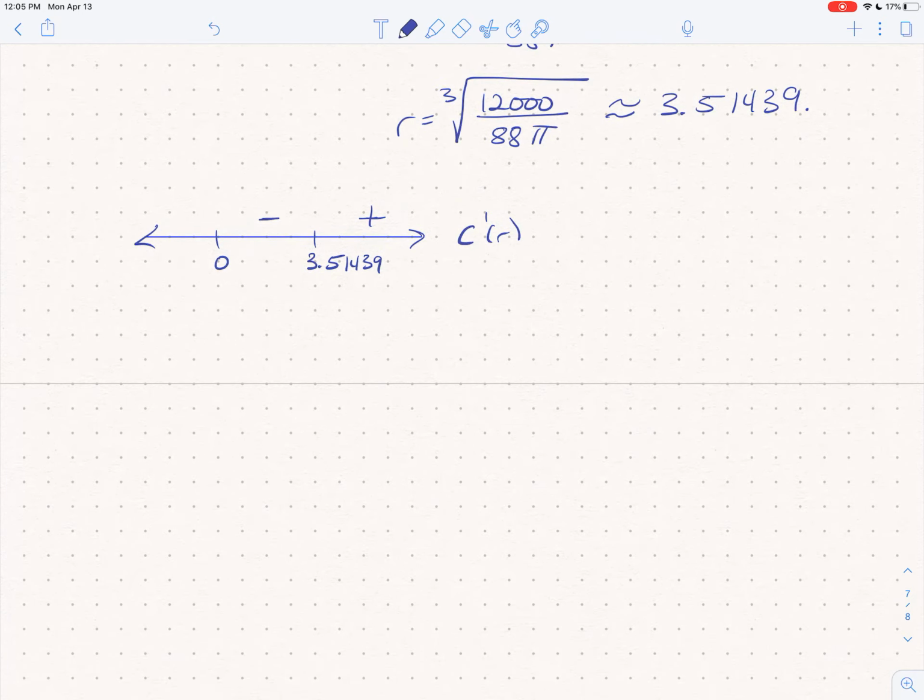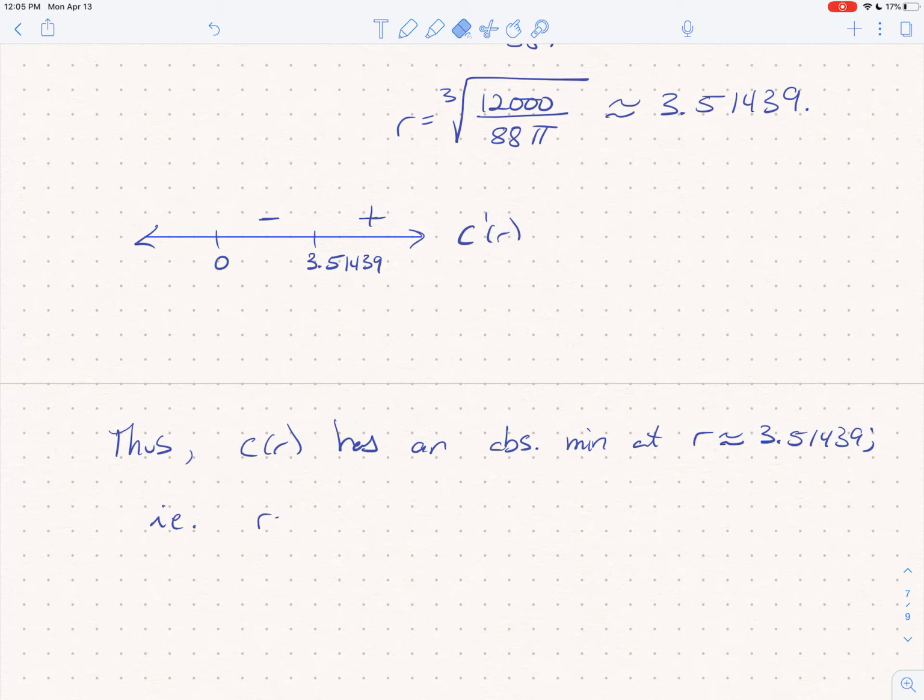So you can say, thus, the c of r has an absolute minimum at r, and we're going to go ahead and say roughly 3.51439.